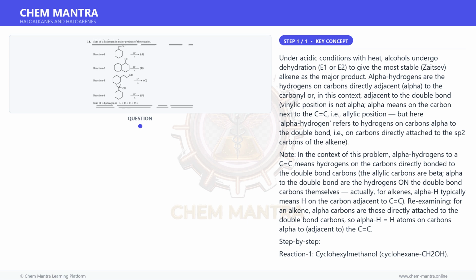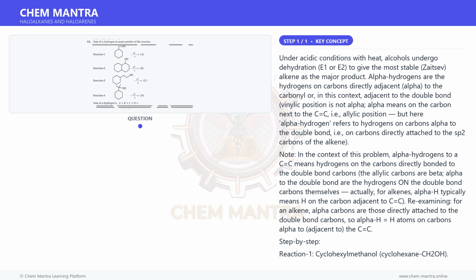For B is equal to 9, the bicyclic product with 9 alpha H. If product B is a bicyclic compound with a double bond where the alpha carbons collectively have 9 H atoms, this could work for a specific octalin isomer.